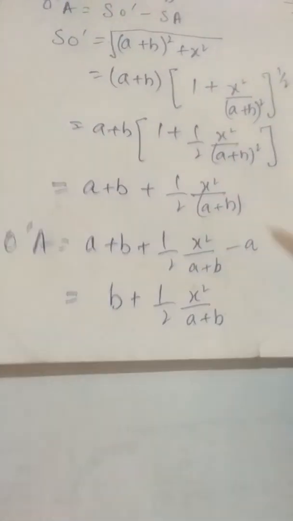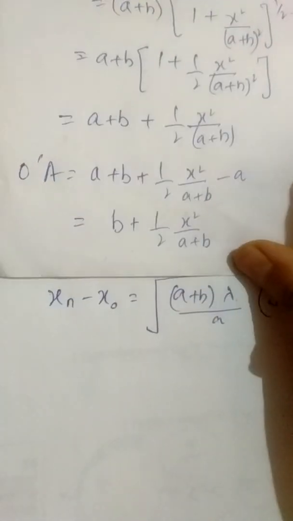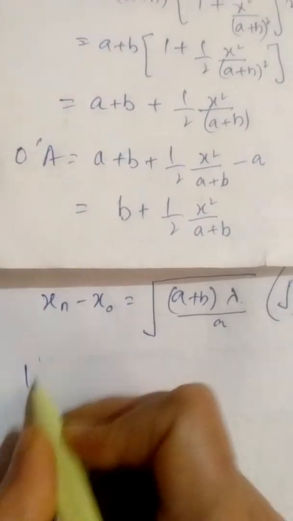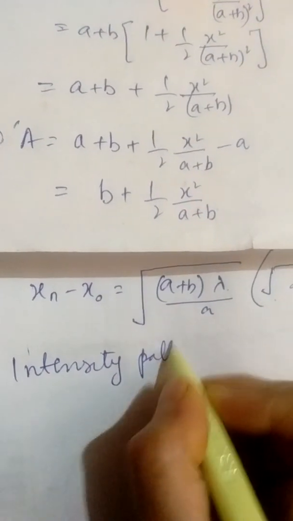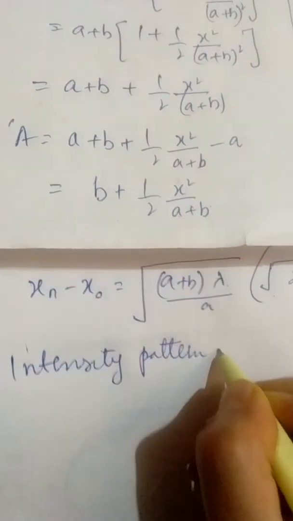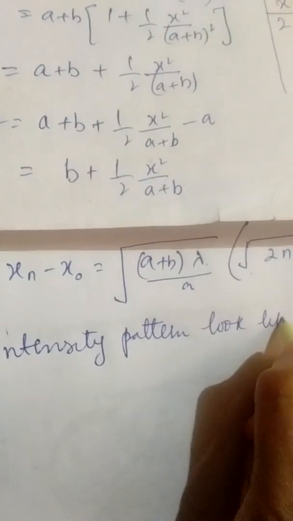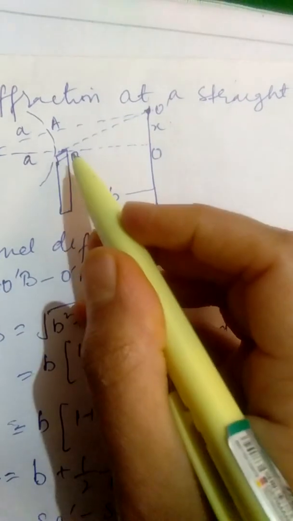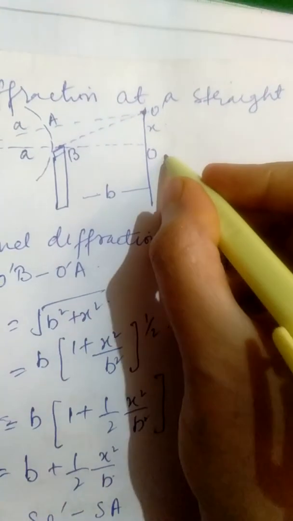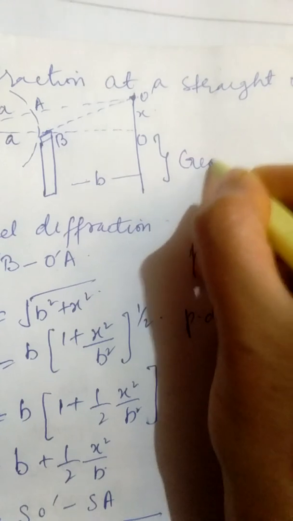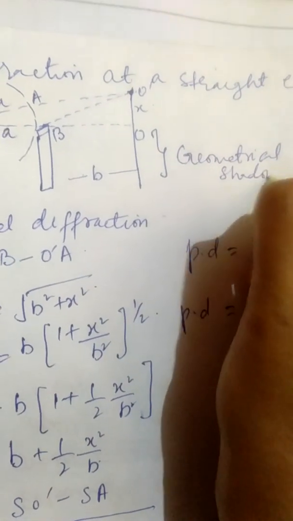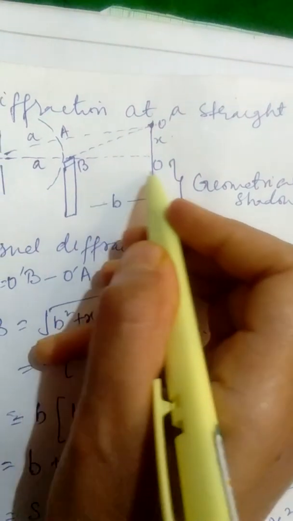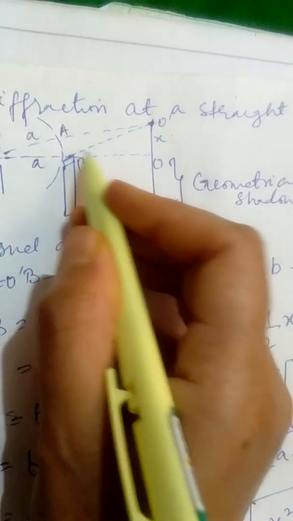Now, the question is: what will the intensity pattern look like? Again, if you go back to the experimental setup, we know that this portion is the geometrical shadow. But on account of diffraction, some light will also penetrate in this region, right?